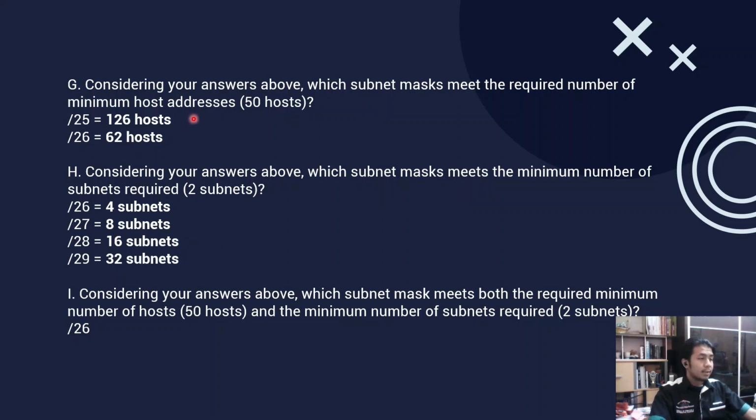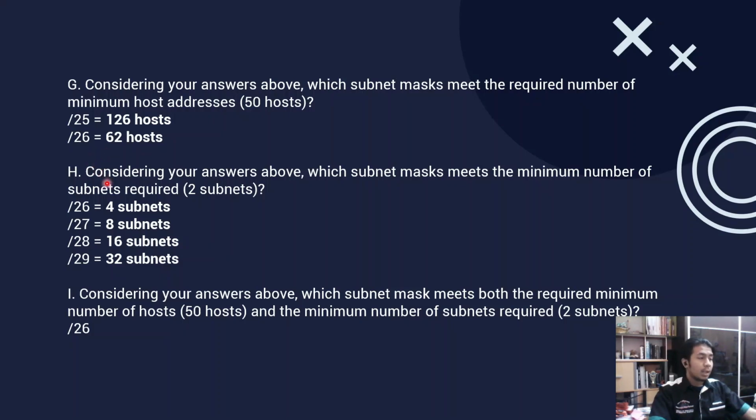It says, considering your answers above, which subnet mask meets the required minimum number of host addresses, which is 50 hosts. So we can see that the answer is prefix 25, which has 126 hosts, and prefix 26, which has 62 hosts per subnet.